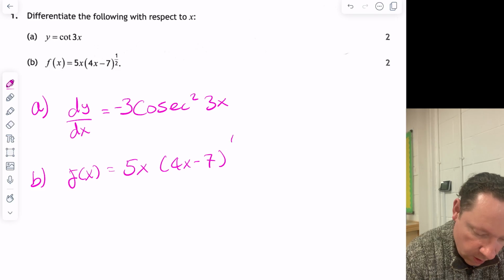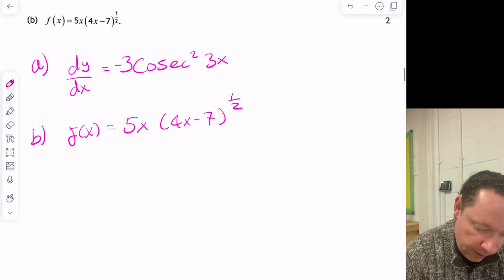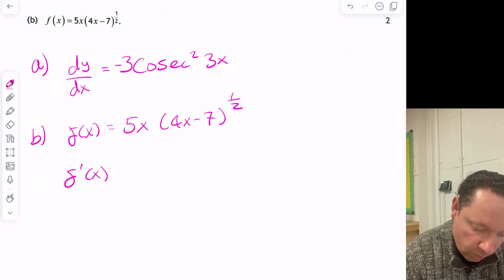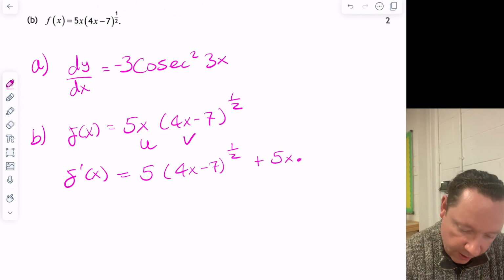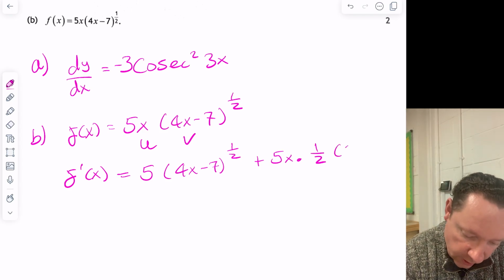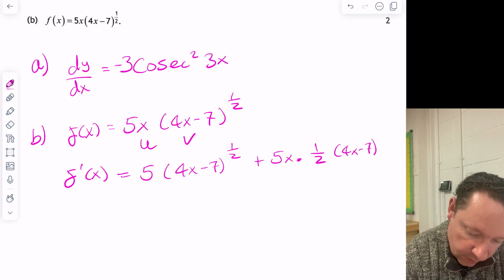Right, part B, f of x is 5x(4x minus 7) to the half. So a nice little product rule here, f dash x. So we've got uv, so it's vu dash, remember, so u dash is 5, and we'll just keep v as it is, plus u, 5x, times v dash, so that's a half, (4x minus 7) to the minus a half, and times by the derivative, which is 4.